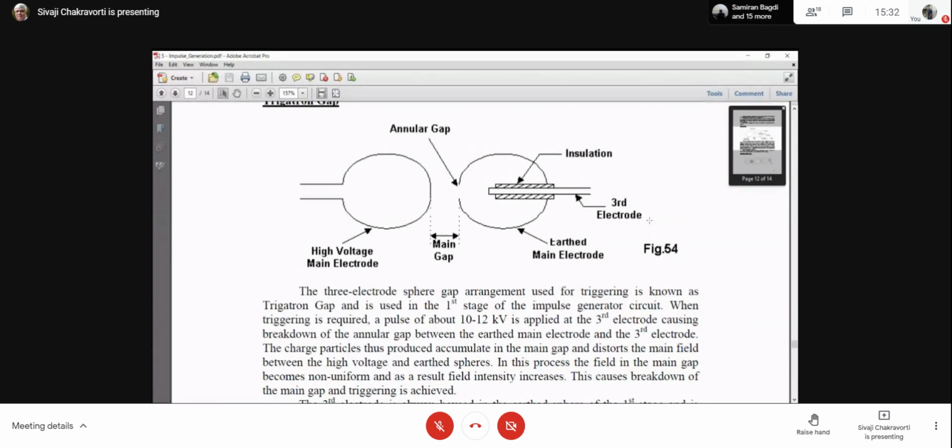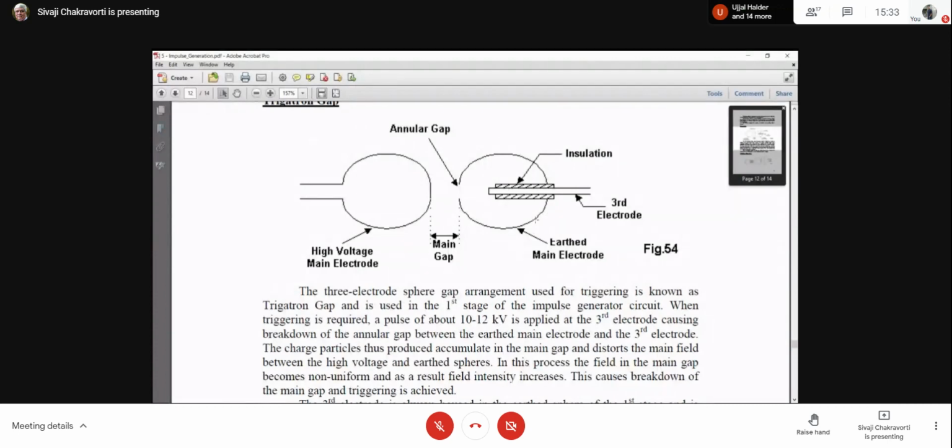This hatched portion is an insulator through which a third electrode comes in. The sphere is, of course, earthed. Now, please remember that between the two spheres, we have air. And this third electrode has a certain potential that we will supply. So between this earthed sphere and the third electrode, there is an electric field.